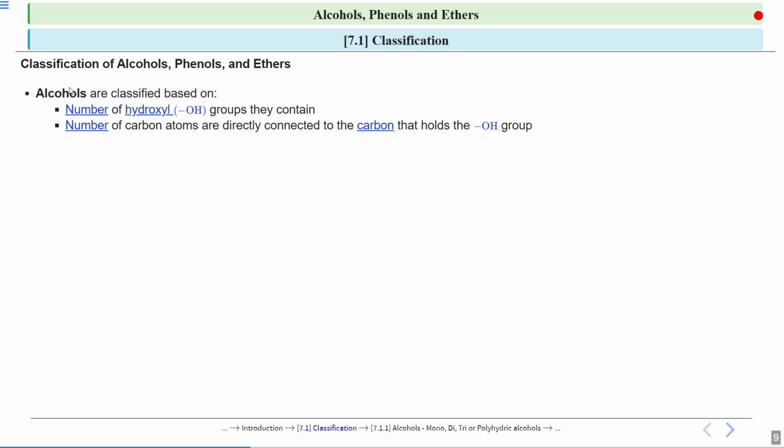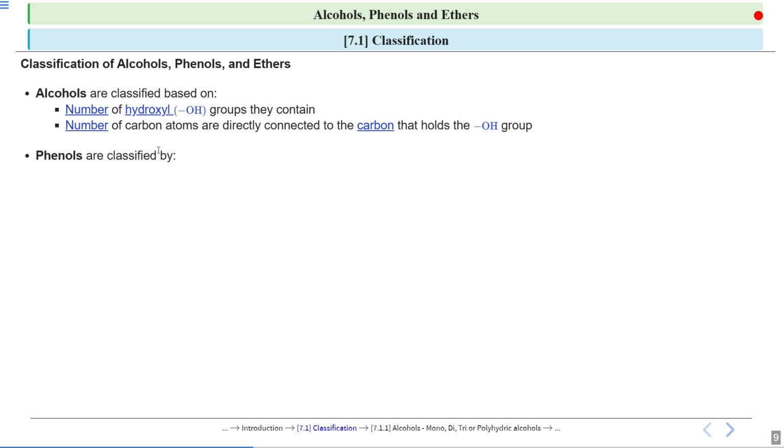So basically you can classify alcohols based on how many hydroxyl groups are present, and also on the basis of the number of carbon atoms directly connected to the carbon that holds the hydroxyl group. That means if the hydroxyl group is attached to a carbon, how many carbons is that carbon attached to. On that basis also we can classify the alcohols.